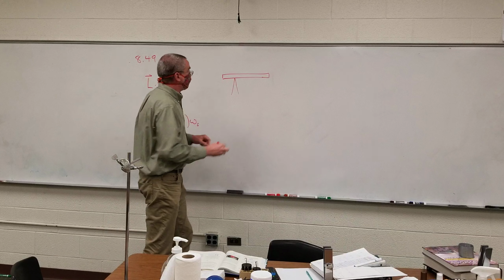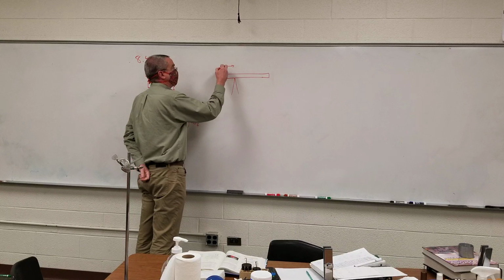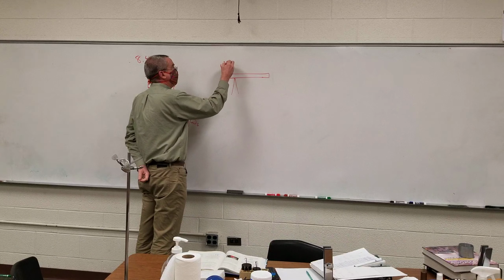So it's a meter stick. I know that this is 25 centimeters here. And the length of the whole thing is 100 centimeters. If you like decimals, you can do 0.25 and 1. That's perfectly fine. And I have a rock here.